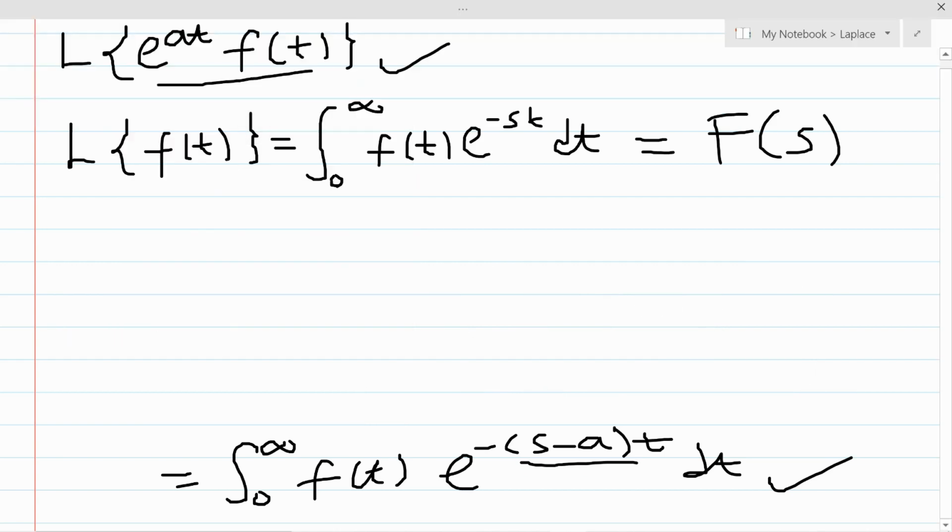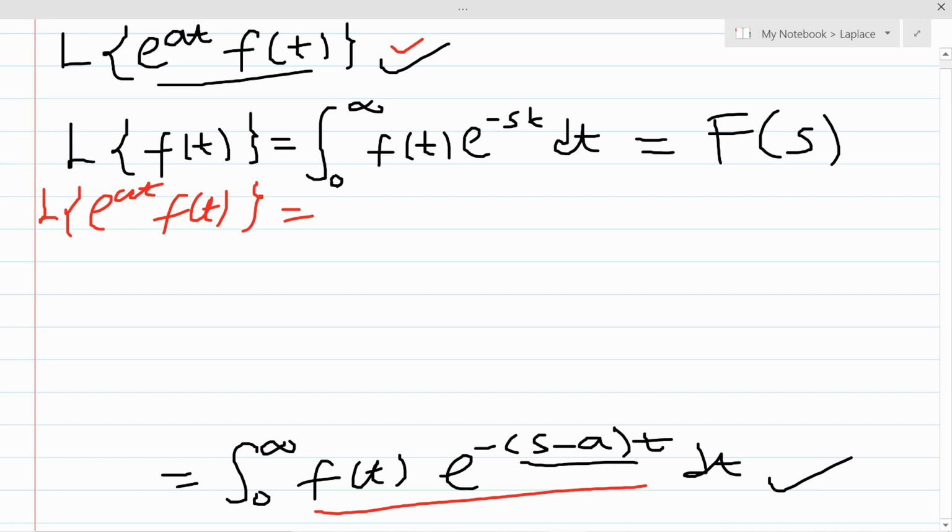So with what we have here, we've gotten something like Laplace of the whole of this. Let me write it. Laplace of e to the at f of t is equal to the integral from 0 to infinity of f of t e to the negative of s minus a times t dt.